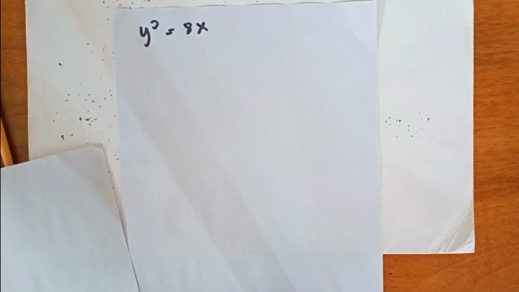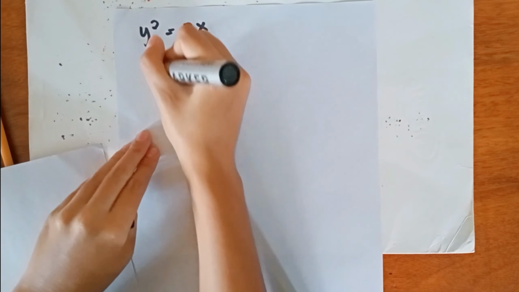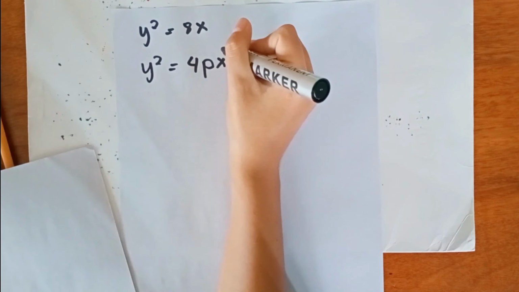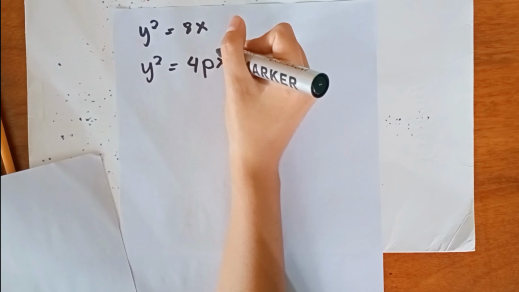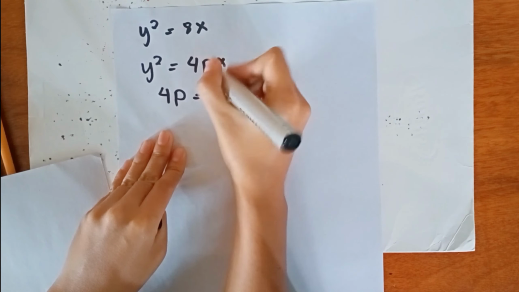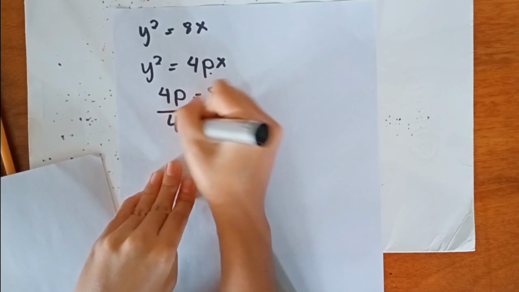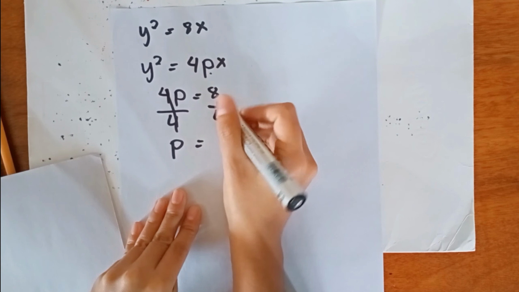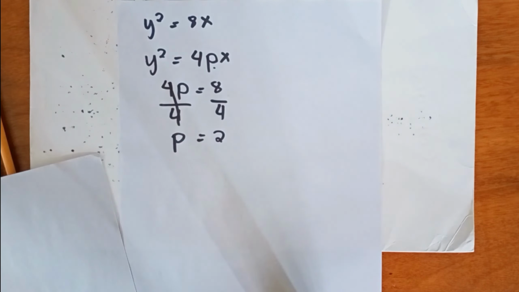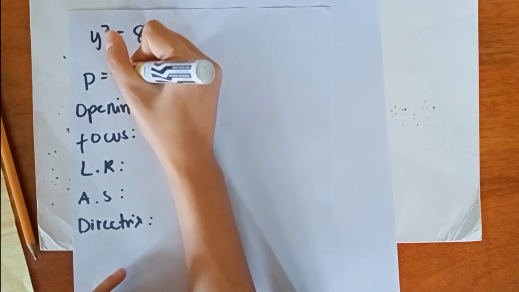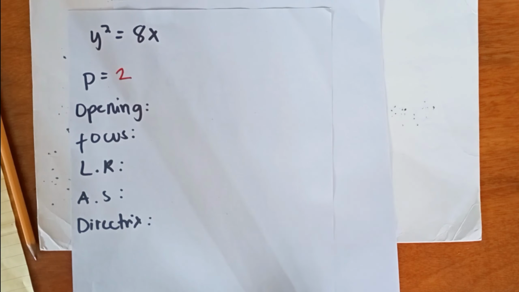So the equation for the horizontal axis of symmetry is y squared equals 4px. Now we need to solve for p. 4p is 8, so p equals 8 divided by 4, which equals 2. So let's write here, p equals 2.